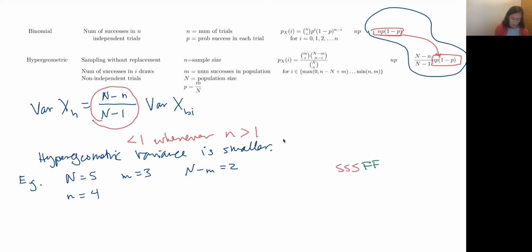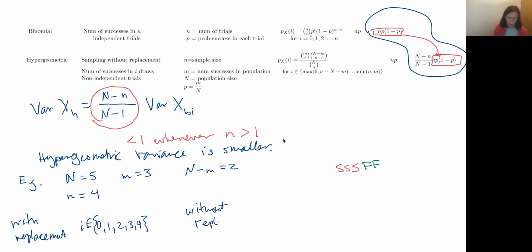If it's with replacement, if it's a binomial random variable, then every time we could pick any of these 5. So the number of successes, I, can be 0, 1, 2, 3, or 4. No problem.